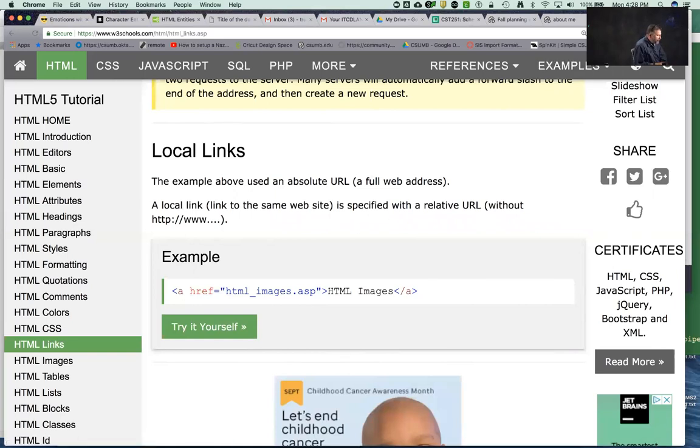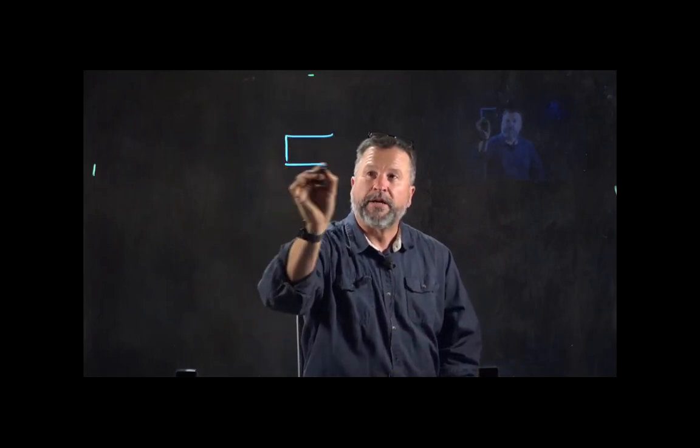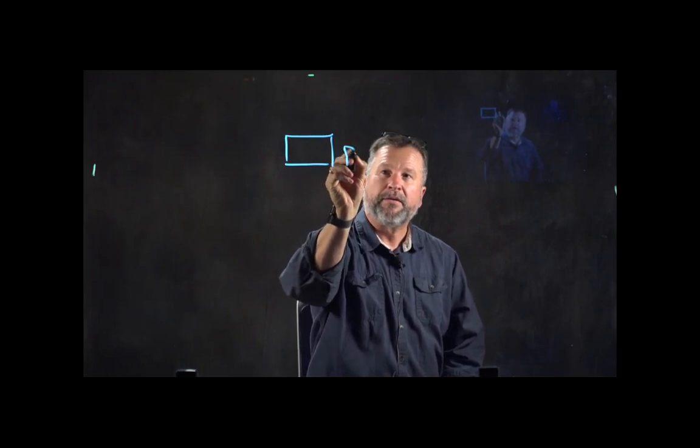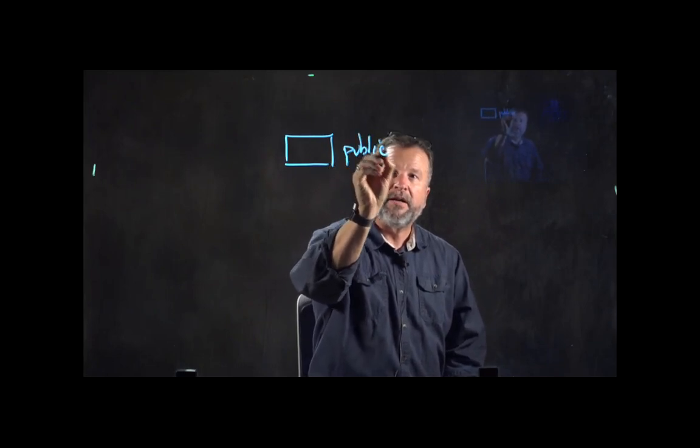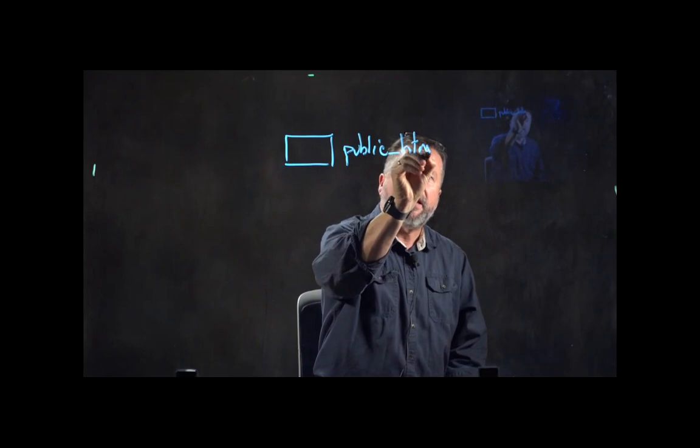And actually, I'm going to just hop over here to the screen and show a little bit more about that. Again, I've got my HTML folder here. We'll call this my public_html.